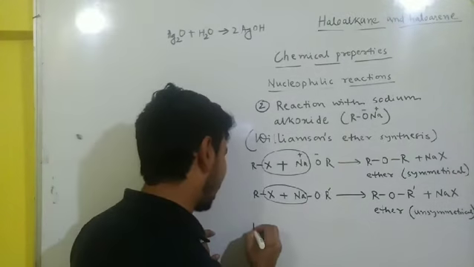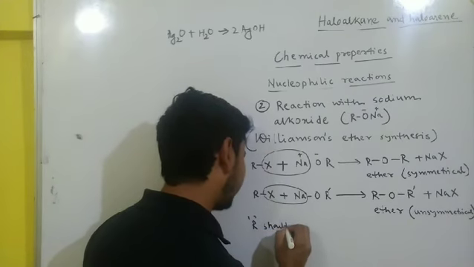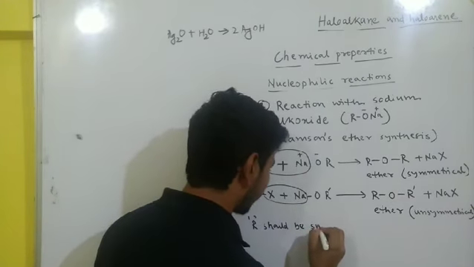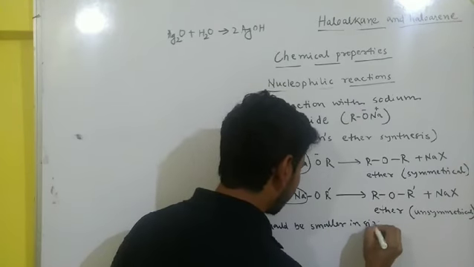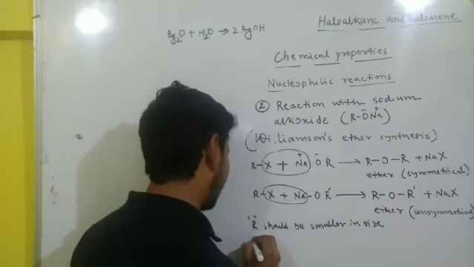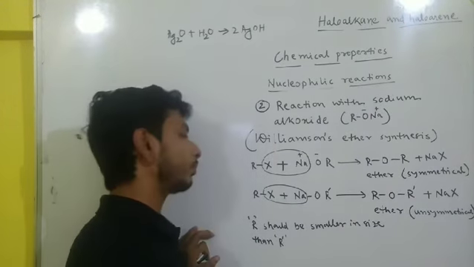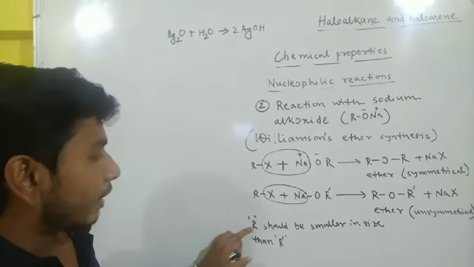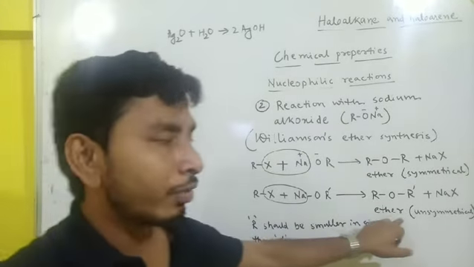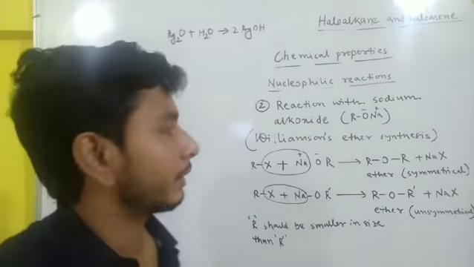That is, here R should be smaller in size than R dash. If R is larger than R dash, then the ether will not be formed. Instead, an alkene will be prepared.